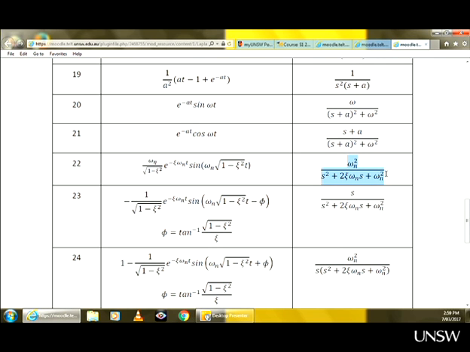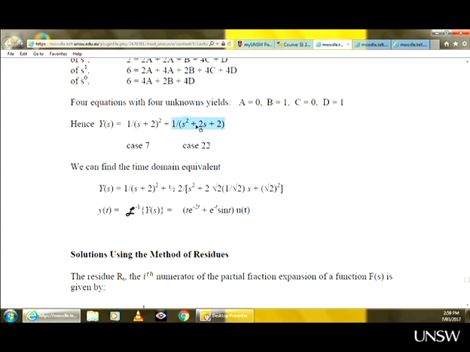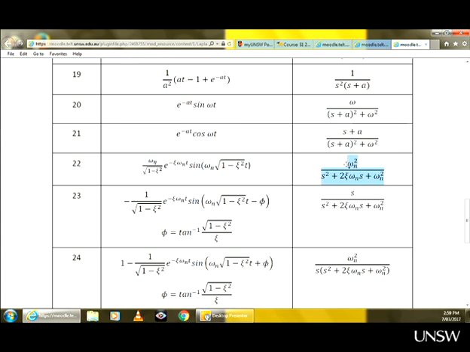So I want this term to be the same as this term. But there is one difference. It is normalized, the coefficient of the highest order term is 1, that's fine. But the numerator here is not 1. It is the same as this term here, so these two are the same.